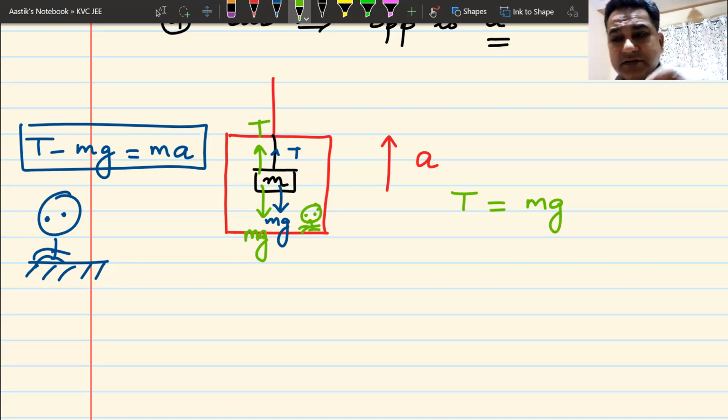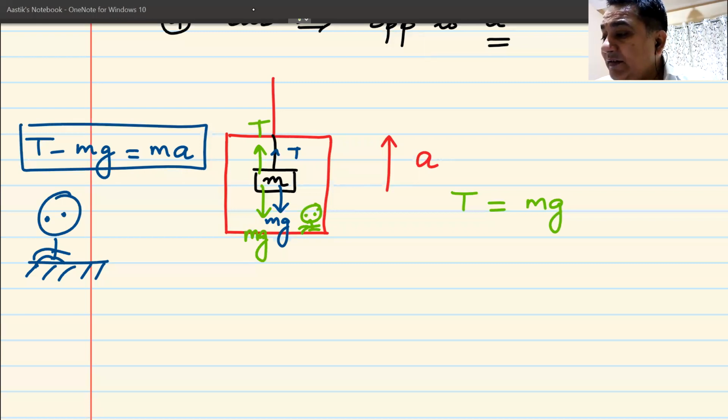So he asked the blue Hulk, tell me, is this lift accelerated? Am I standing in a non-inertial frame? The blue Hulk says, yes, you are in a non-inertial frame. So the green Hulk says, okay, then I have to correct my equation.